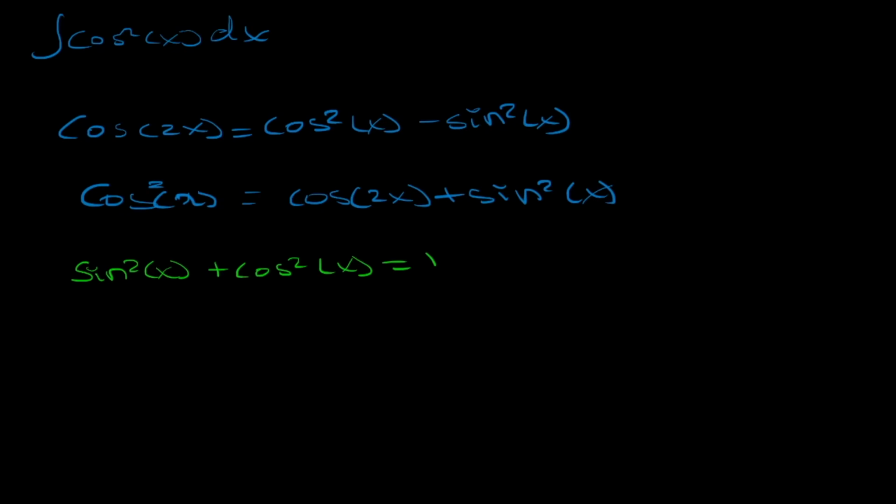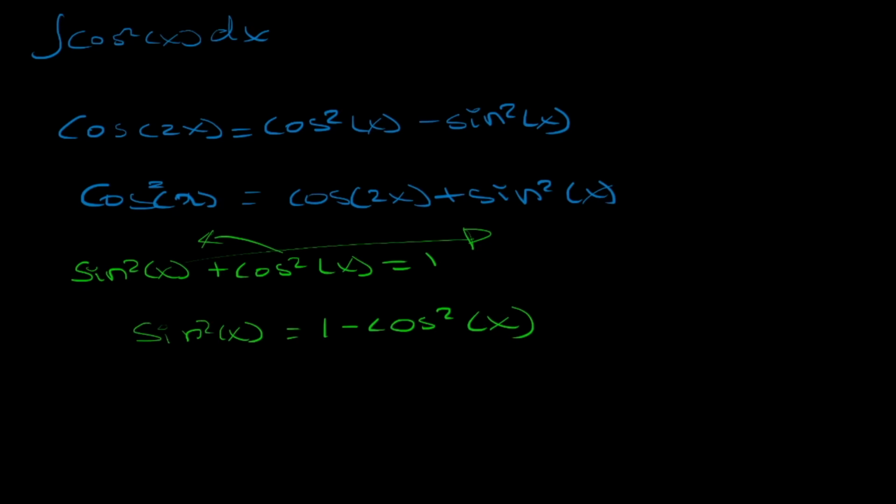Since I want to write my equation in terms of cosine squared of x, that seems ideal. So I'm going to isolate sine squared of x: sine squared of x equals 1 minus cosine squared of x.